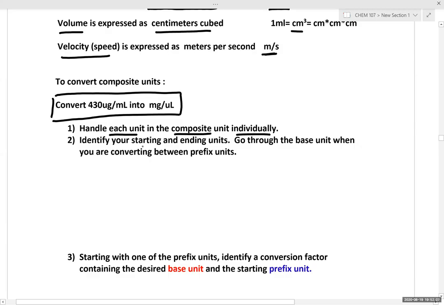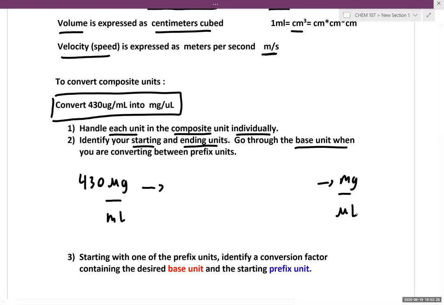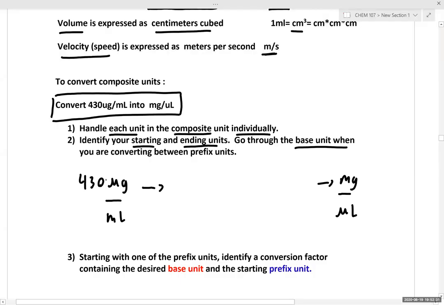You identify your starting and ending units, and you go through the base unit. In this case, we're starting off with 430 micrograms per milliliter, and we're asked to convert to milligrams per microliter. So let's treat this composite unit as two separate unit conversions.